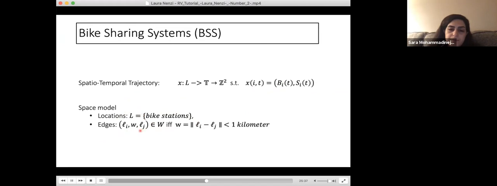We say that two nodes are connected if they are at a distance less than or equal to 1 kilometer, so if their Euclidean distance is less than 1 kilometer. And this corresponds also to the value of W of the label on the edge.